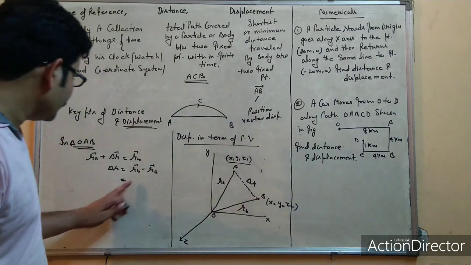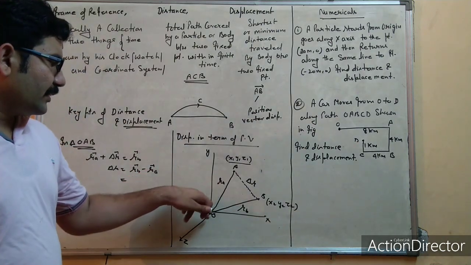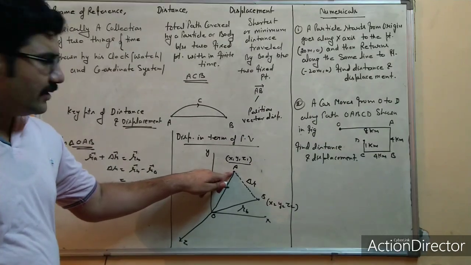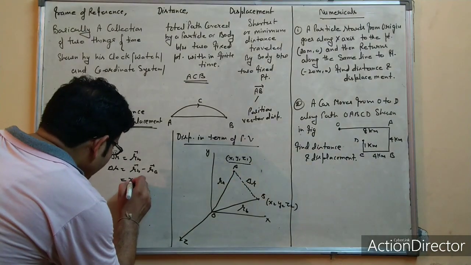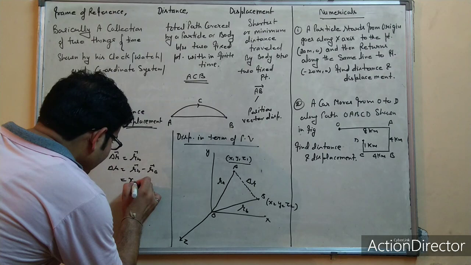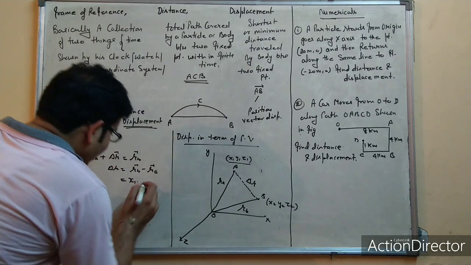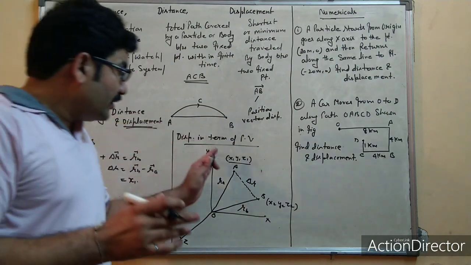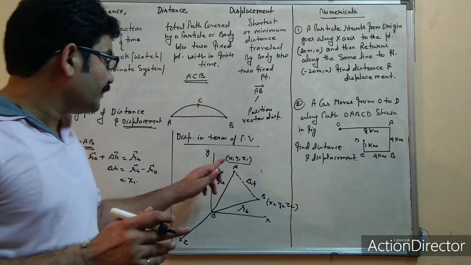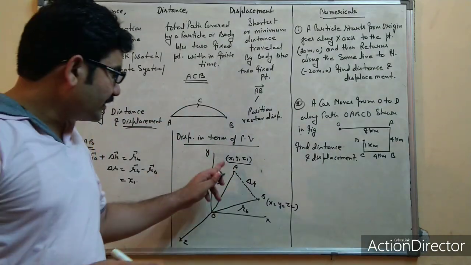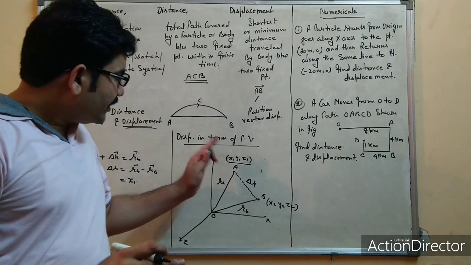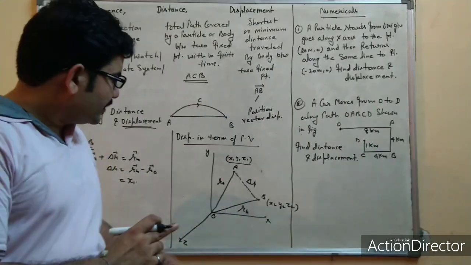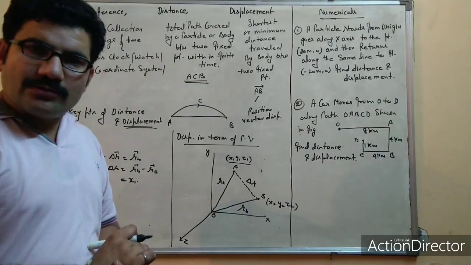What is the coordinate of RA here? Point A coordinate is x1, y1, z1, along the x axis, y axis, z axis. i is the unit vector along the x axis, j is the unit vector along the y axis, and k is the unit vector along the z axis.